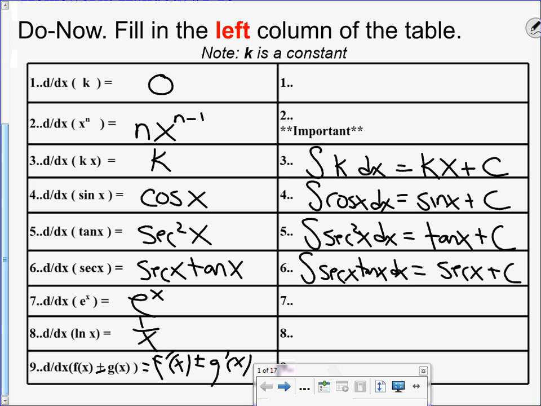What's the integration formula that follows then? So the antiderivative of e to the x equals e to the x plus any constant c. Good.